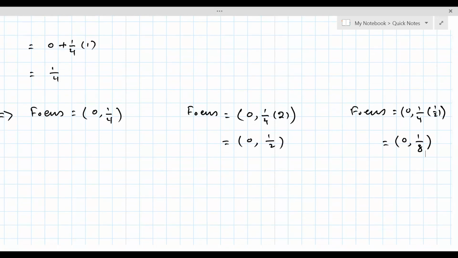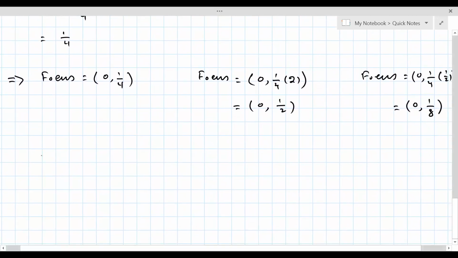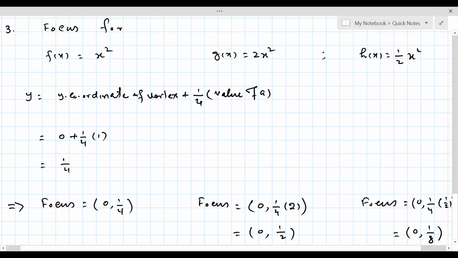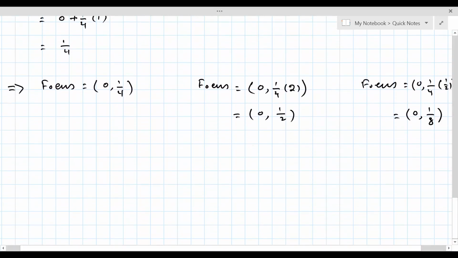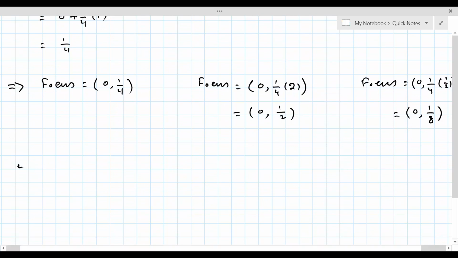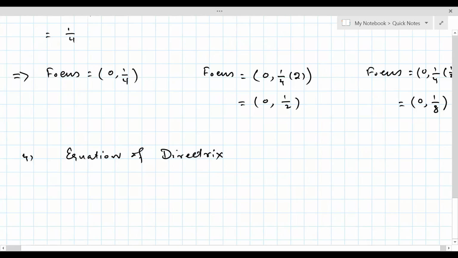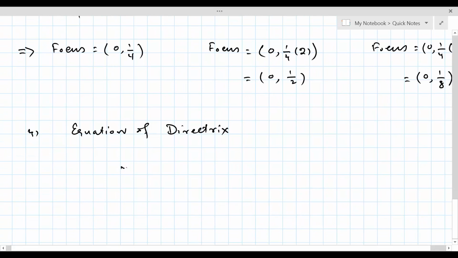So now we want to find out the directrix. So this is number 3, and now number 4, equation of directrix. That is y equal to 0, which is the y coordinate of the vertex, minus focal length, which is 1 by 4.